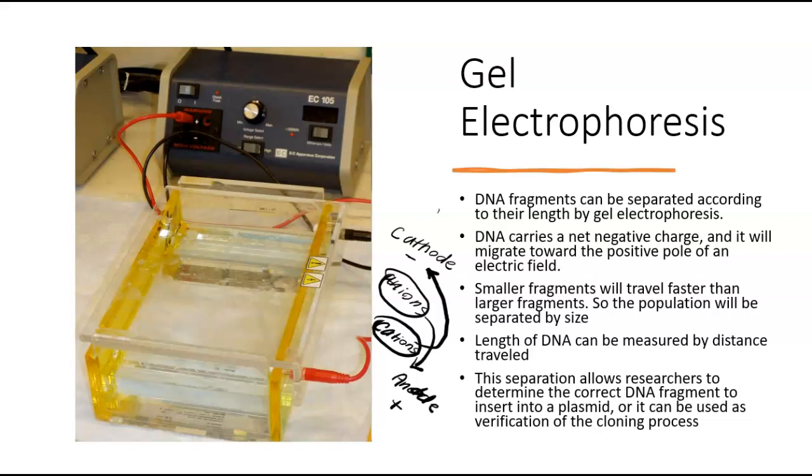If you have a short piece of DNA, it's going to travel pretty far. DNA carries a net negative charge, and it will migrate towards the positive pole of the electric field. So you're going to place the DNA in these wells towards the cathode side, towards the negative side.